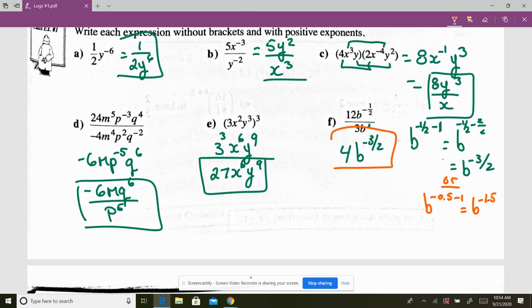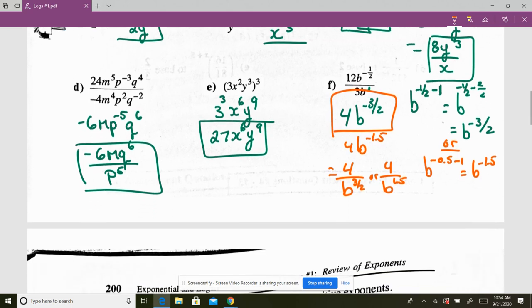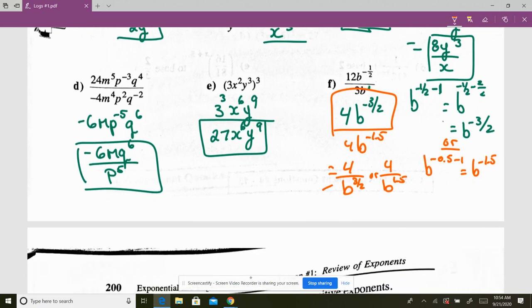Okay, so this is our answer. Or if you wanted b to the negative 1.5, we have to make it positive. So what flips down? Just the b. Final answer is 4 over b^(3/2), or 4 over b^1.5. But this is why fractions are better. Well, there's a multitude of reasons.